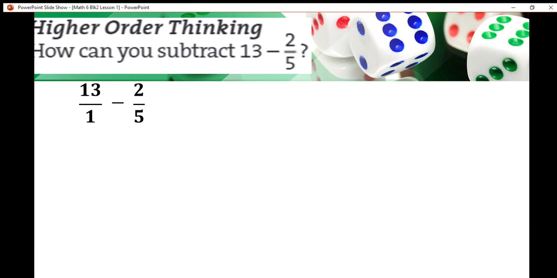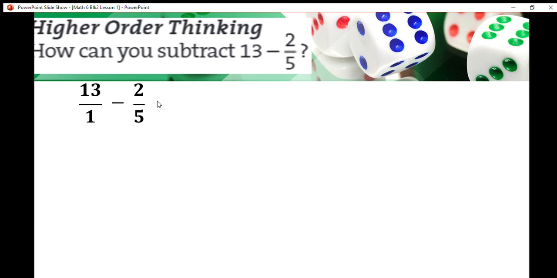So the fraction becomes 13 over 1 minus 2/5. As you observe, 1 is a special number and 5 is a prime number. So 1 times 5, the LCD will become 5.